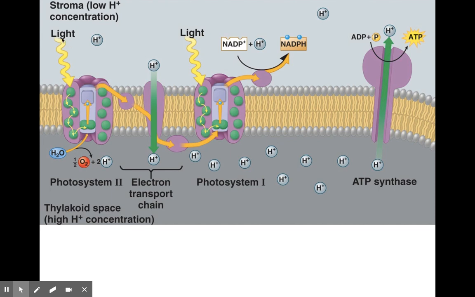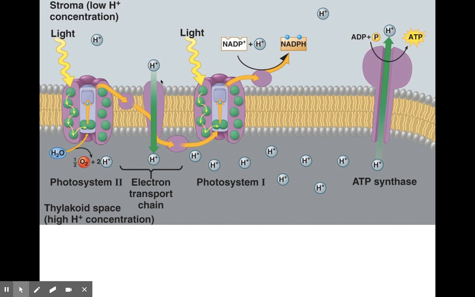So let's look at this one more time. We have light hits the chlorophylls. It bumps the chlorophylls down, excites the chlorophyll A, electron jumps up to the primary electron acceptor. Those electrons then get passed through the electron transport chain.